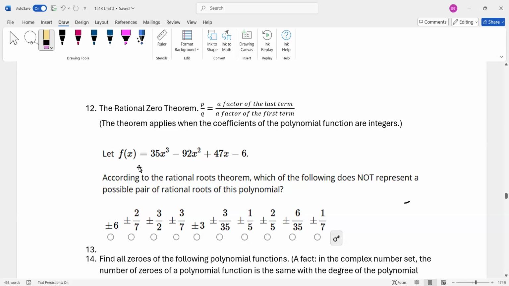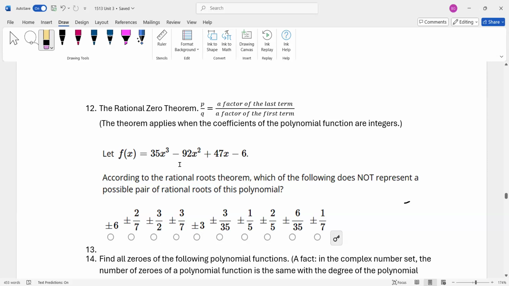Let's say we have a polynomial function f of x equals 35x cubed minus 92x squared plus 47x minus 6. This polynomial function is of degree 3, right? The rational zero theorem could help us to find all the potential rational zeros for this polynomial function.